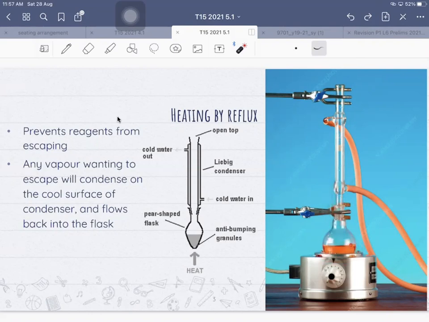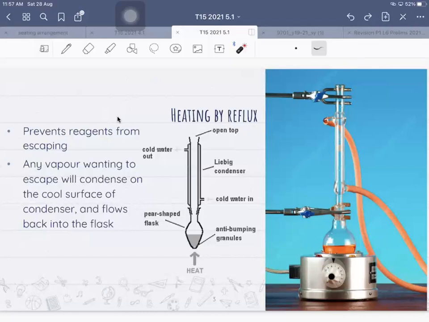So this will be like a cycle: it goes up, it goes down, until you are convinced that the reaction is complete. That's the best thing about reflux. You don't want to collect the products straight away. You want the reaction to be complete first.